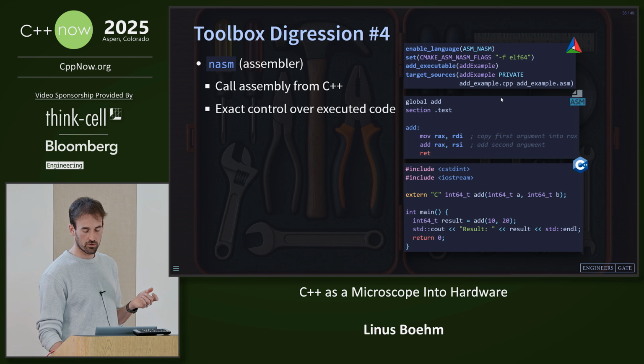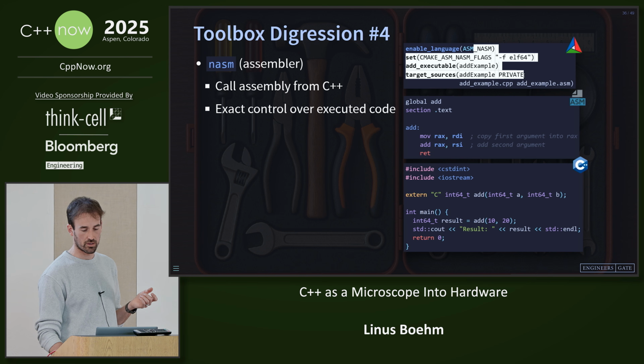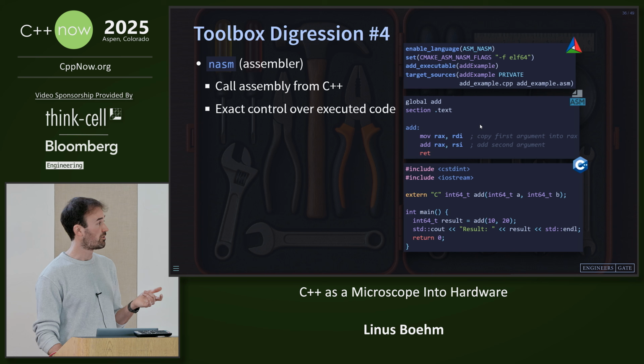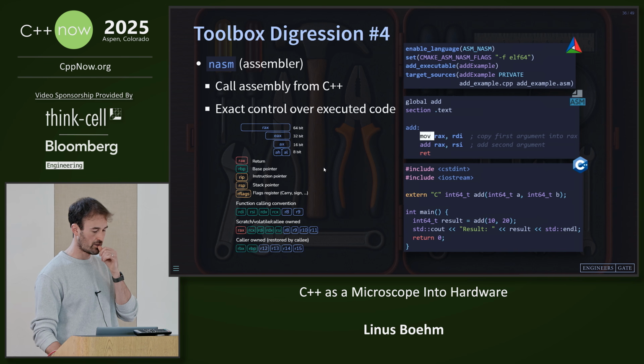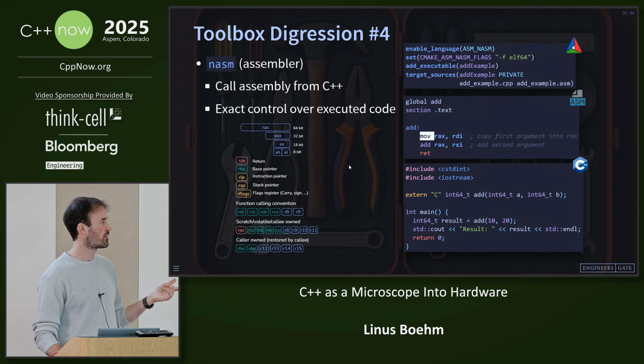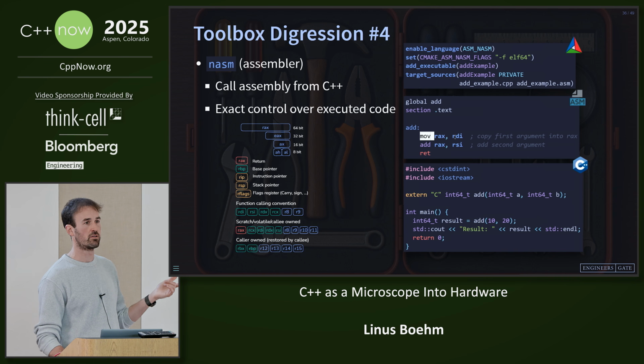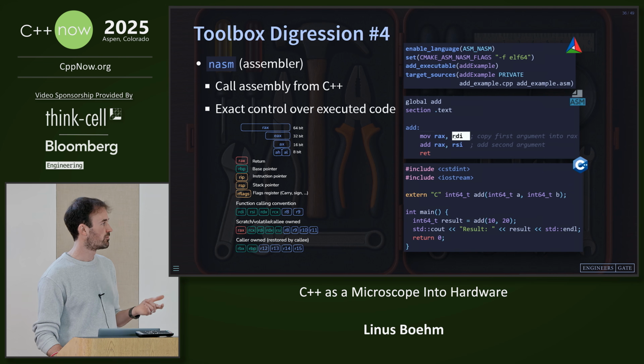What we have to do to use NASM is tell CMake about it. It doesn't require that much CMake. Then we have to write the assembly program itself. So we have to put it in the text section. We've learned about that earlier. And then we can write the assembly. We know the mov and the add instruction, and we know the calling convention and everything. So we know the first argument that we pass to this function will be in RDI.